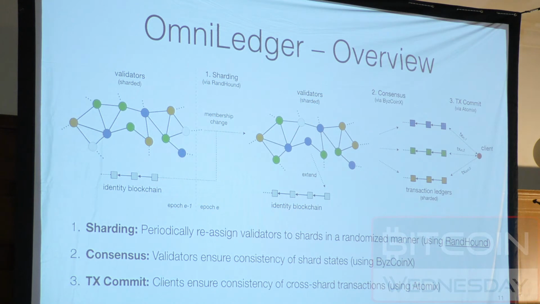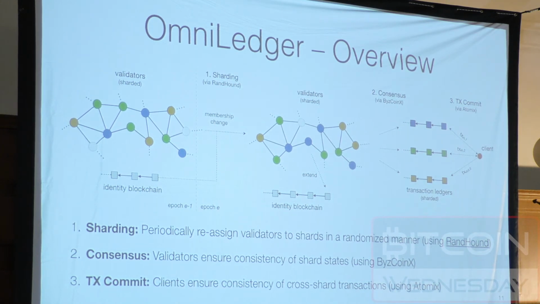Since new validators are joining and leaving, that's what we want to allow, because we are interested in the permissionless model. The whole system works in epochs, so when we switch from one epoch to the next, we use a mechanism where you can generate distributed randomness in a secure way to assign some of the validators that are active to new shards.